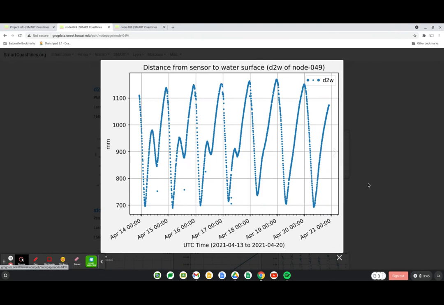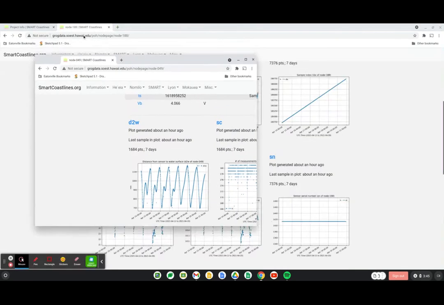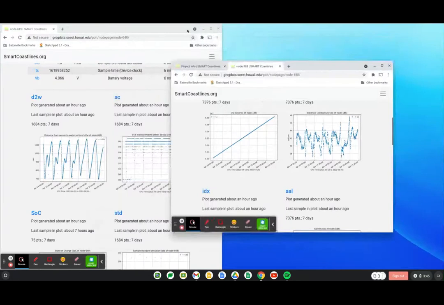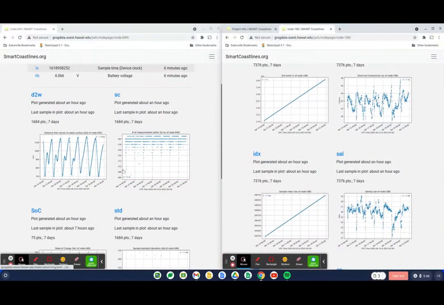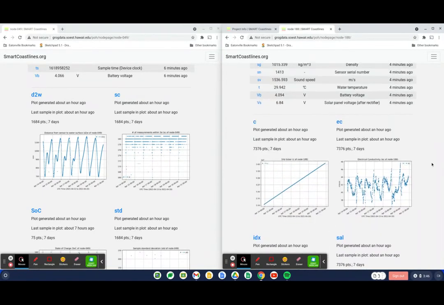I wonder if there's a connection between the tides and what we see in the salinity or other parameters. So I'm going to move this one over here and take this one and move it right there so we can compare the distance to the water, which is the tide level, and some of the other parameters. Do we see any relationships here?